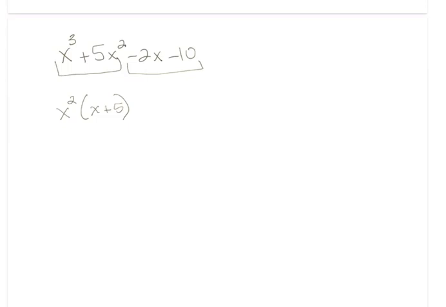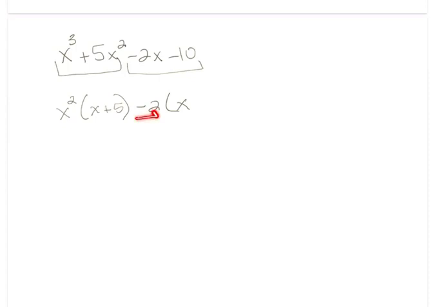So now I have negative 2x minus 10. So I got to find out a common factor that I want to pull out between negative 2x minus 10. What do you think it's going to be? Negative 2. Yep. So I have negative 2, and I want to get to negative 2x, so I'm going to multiply by x.